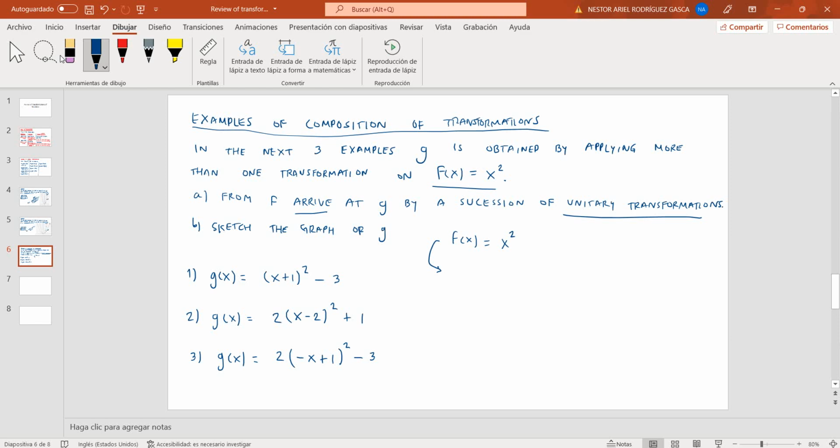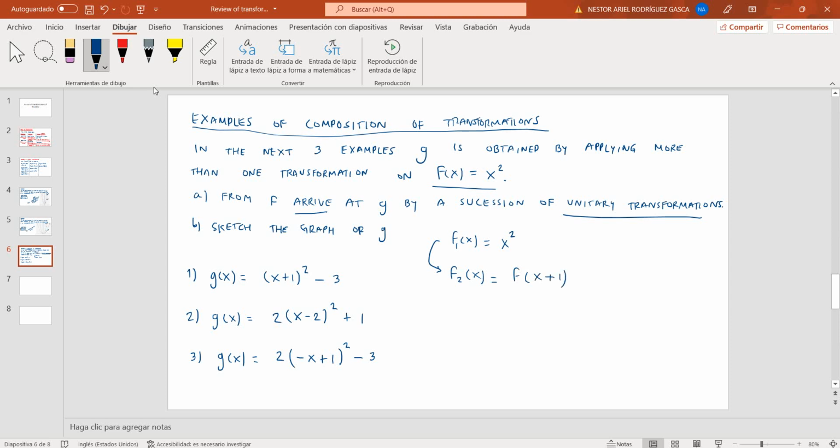Let me call this function f2 of x. I'm going to call the parent function f1, okay? The index 2 means the first transformation. So let's see, I'm going to apply a horizontal translation of 1 unit to the left. What that means is this, right?